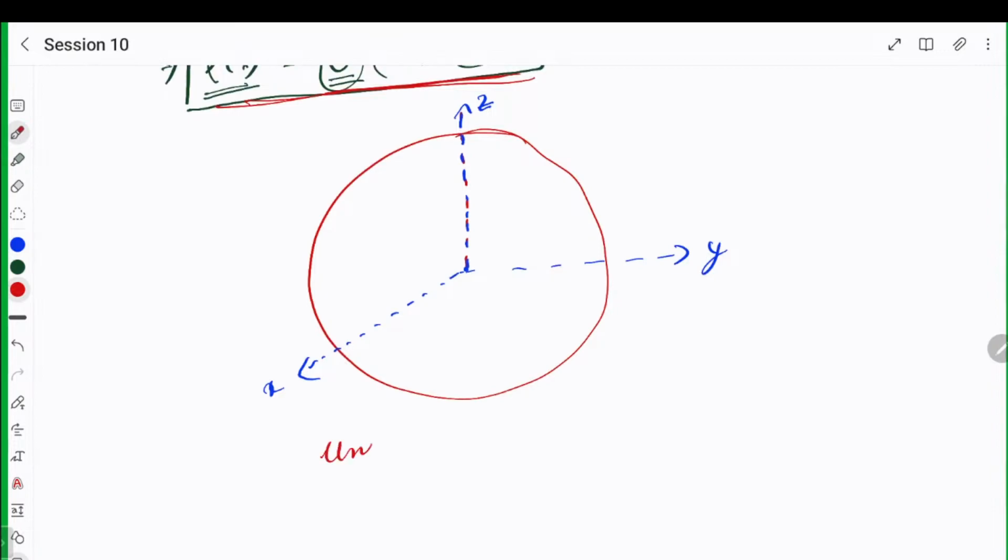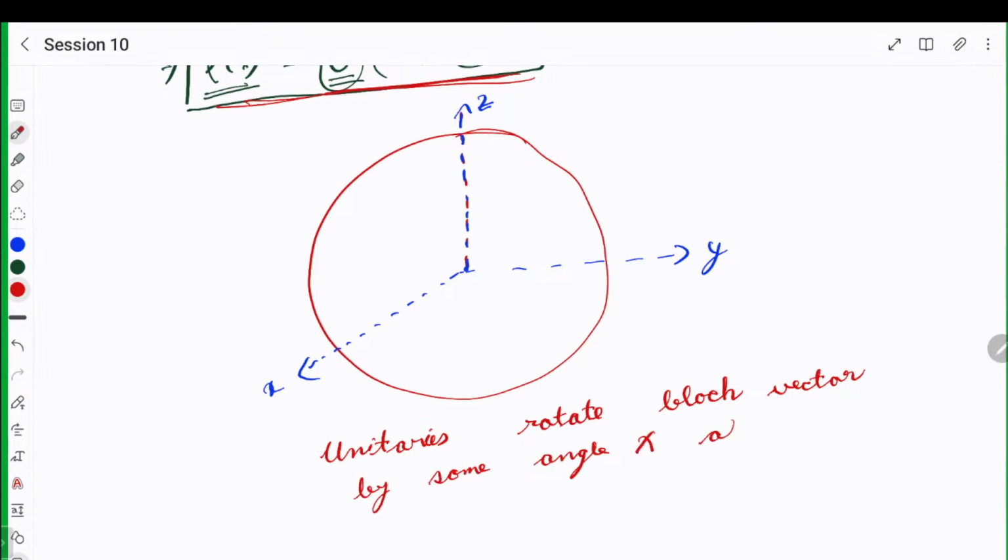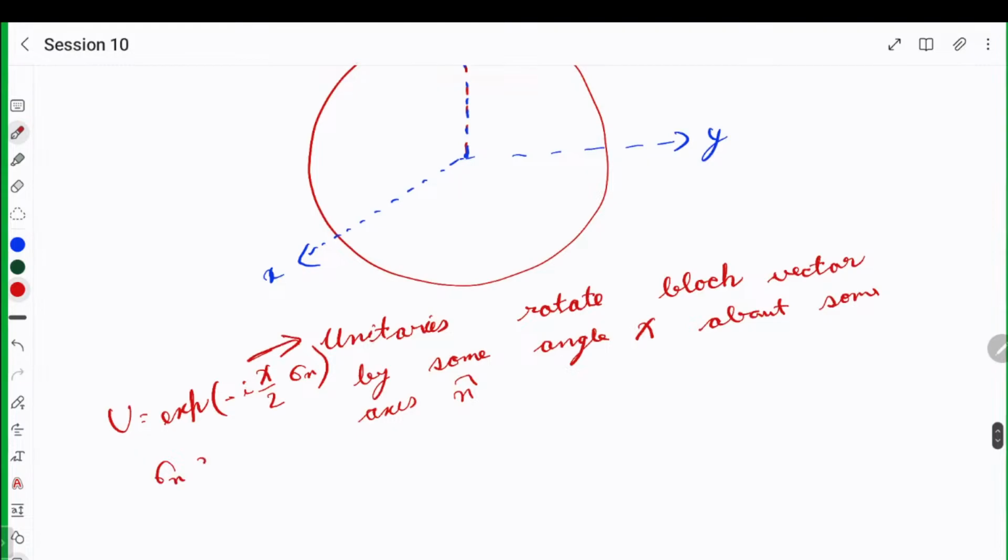And that unitary which does this is just given by exponential of minus i chi by 2 sigma n, where sigma n was sigma dot n.